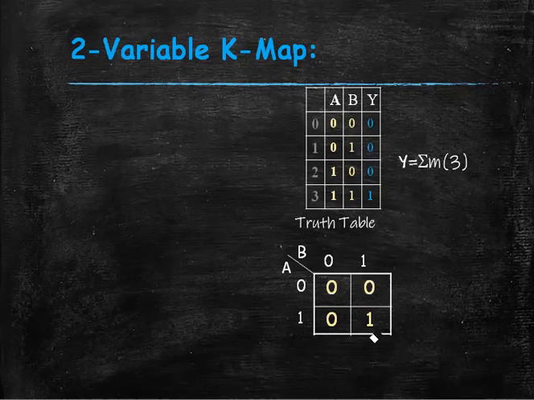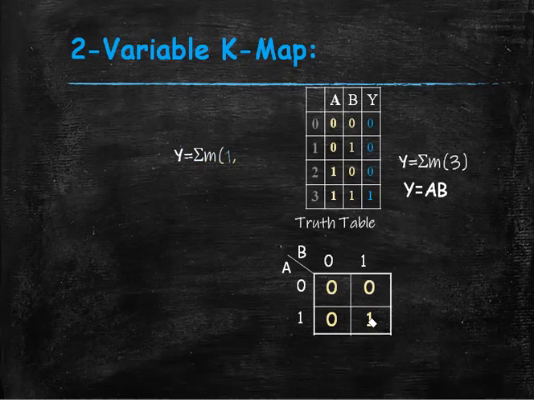And from the Karnaugh map, here only a 1. Then the logical expression must be equal to what? Y is equal to AB. It is the logical expression.